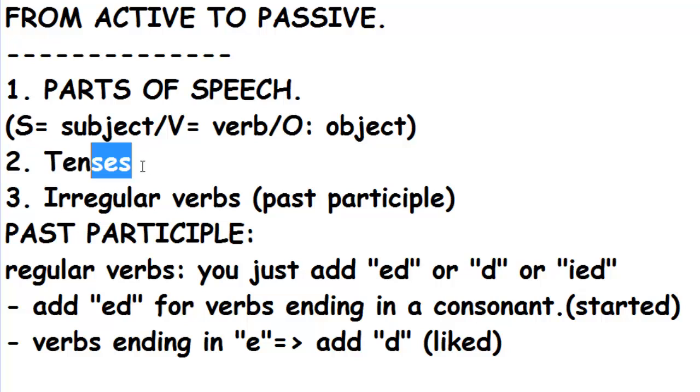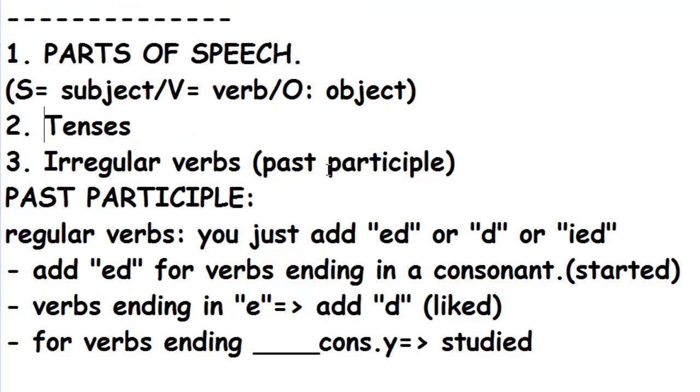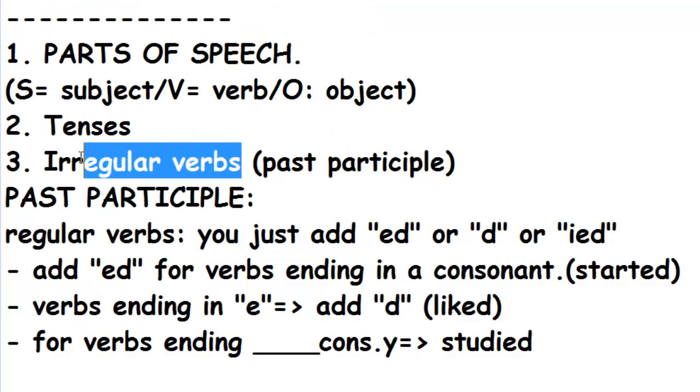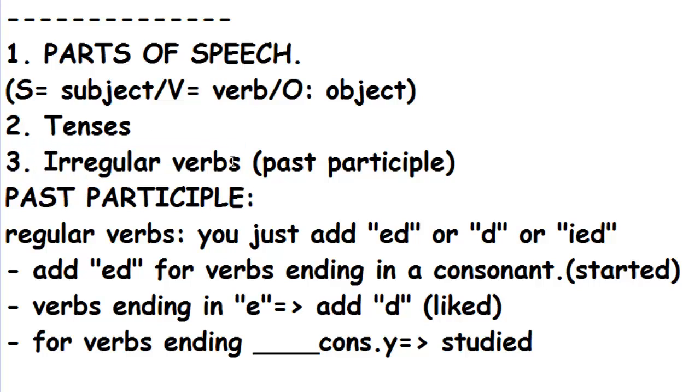Number two, I have to learn the tenses, the forms of tenses. Don't worry about the uses of tenses at this time, because this lesson has to do with the mechanics and the transformation. So you don't have to worry about the uses or the function of each tense. And number three, you have to learn the irregular verbs by heart.